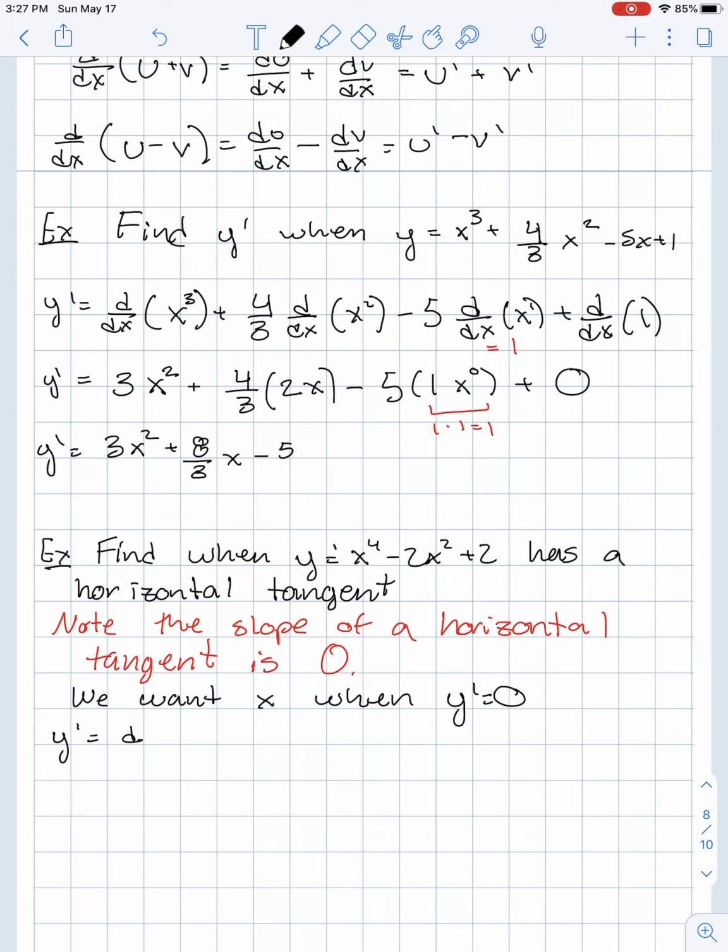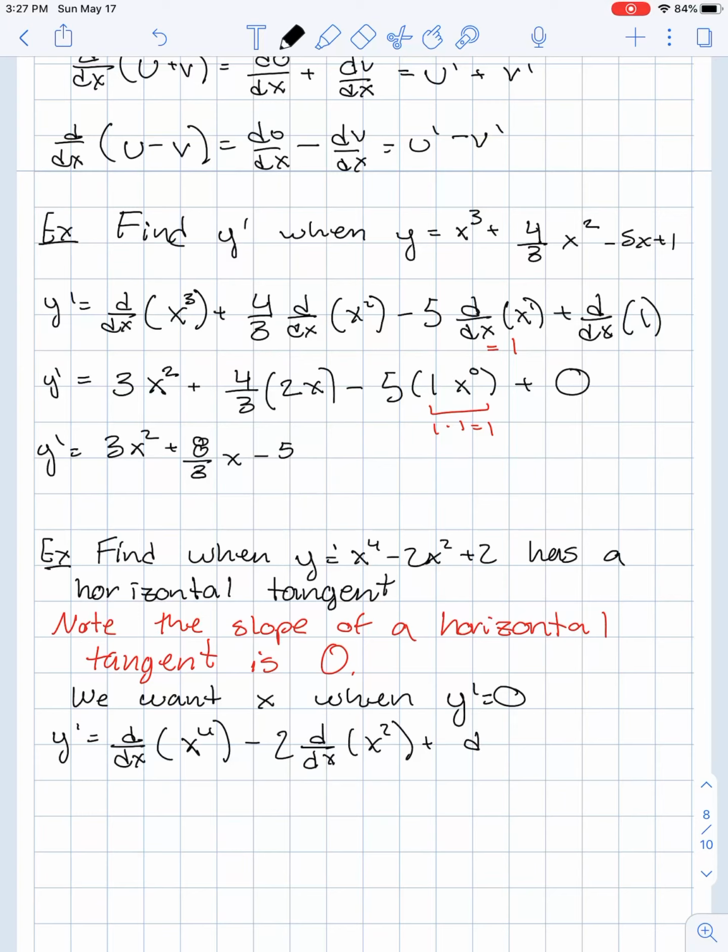So first we need to find the derivative. So y prime is going to equal the derivative with respect to x of x to the 4th minus 2 times the derivative with respect to x of x squared, and so on.